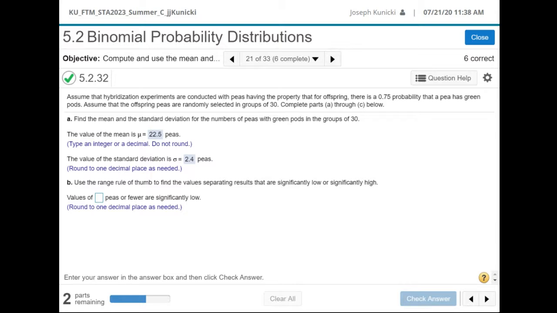Where is it? Some of them I copied, some of them I didn't. Hypothesis testing, formulas. Is that it? Let me see if this is it. Probably not. Let's see where.